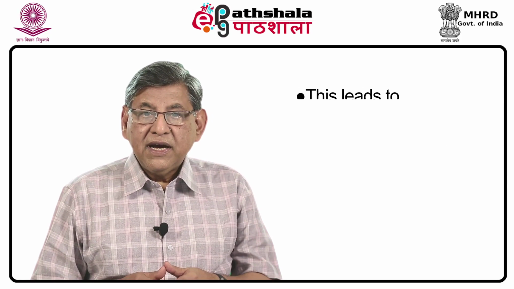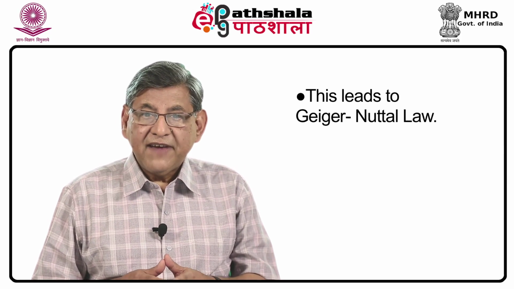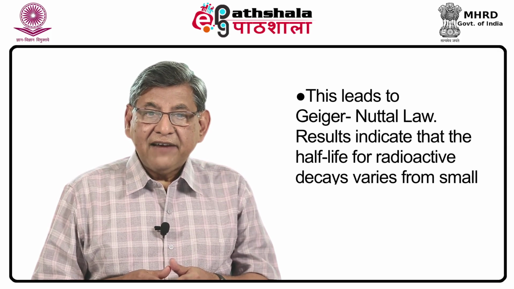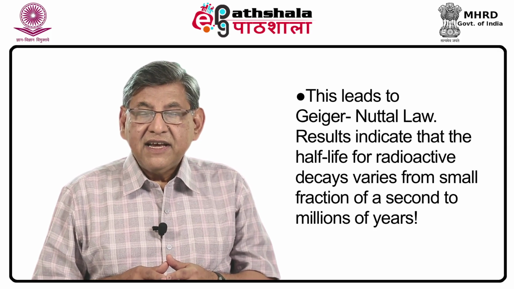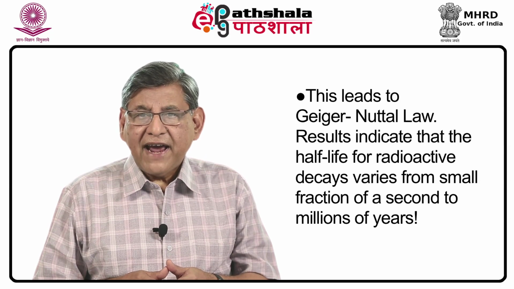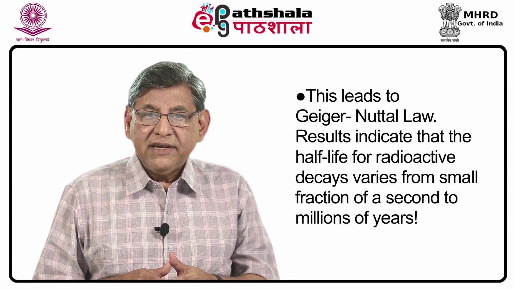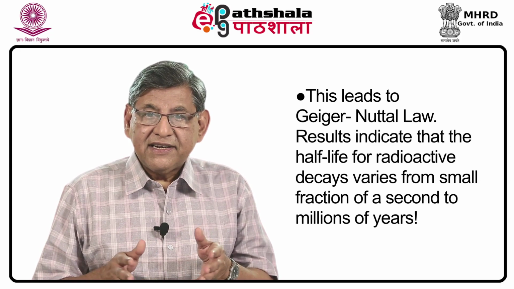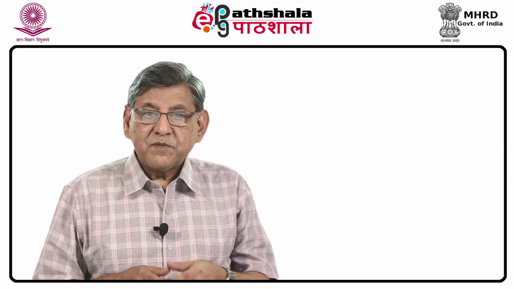This leads to the Geiger-Nuttall law, a famous law. Results indicate that the half-life for radioactive decays varies from small fractions of a second to billions of years. This has been illustrated in this lecture.